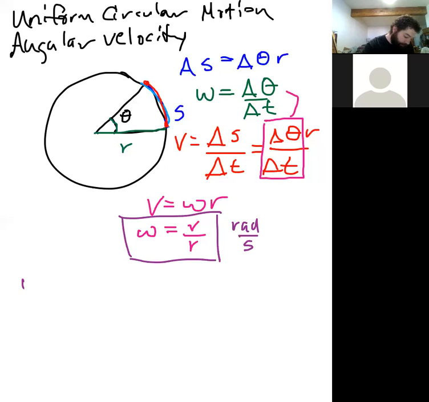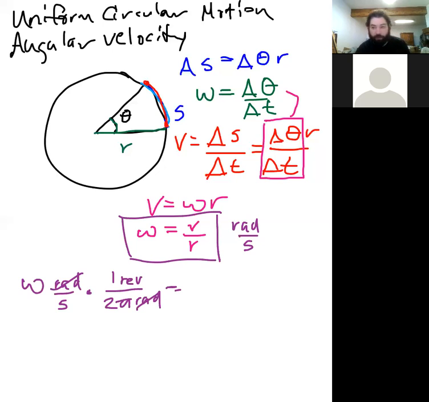So you have omega in radians per second, and to convert that, 1 revolution is equal to 2 pi radians. Those cancel out, and so revolutions per second is just divided by 2 pi.